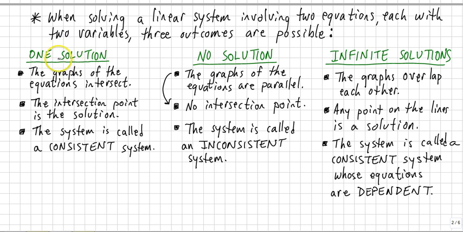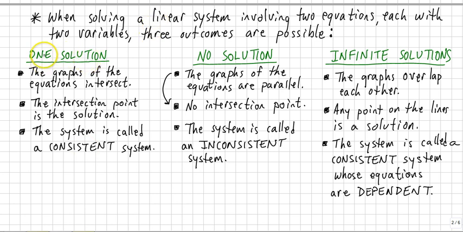If a system has one solution, then the graphs of the equations would intersect, and where they intersect is the solution. And there's some vocab that goes with this. This type of system that has one solution, we say is a consistent system. It's a little bit of vocab that you need to know.